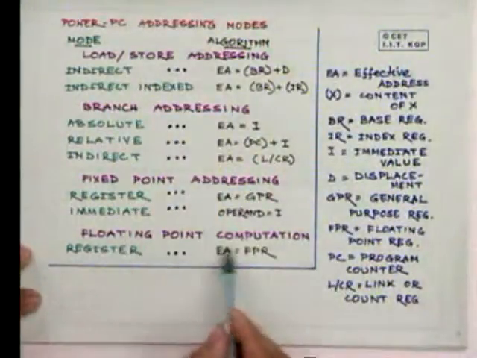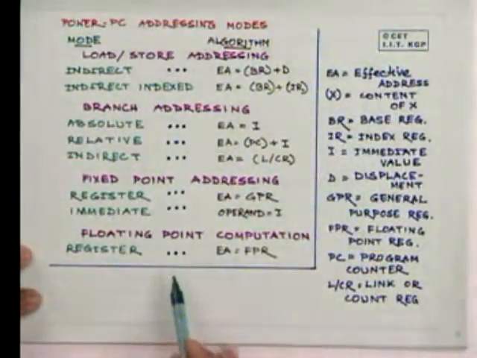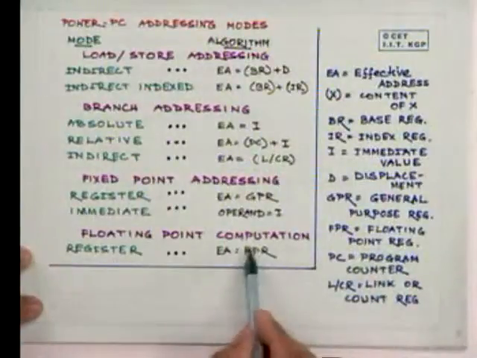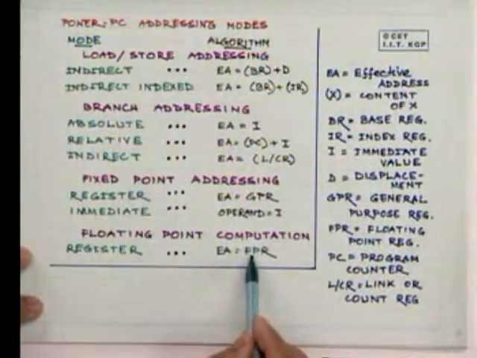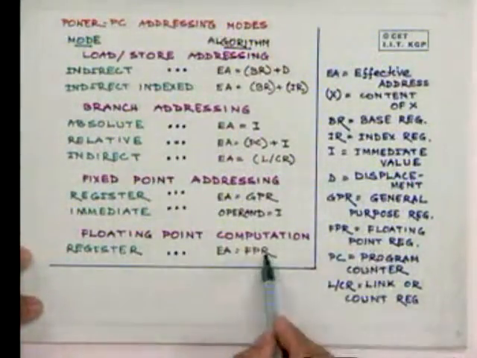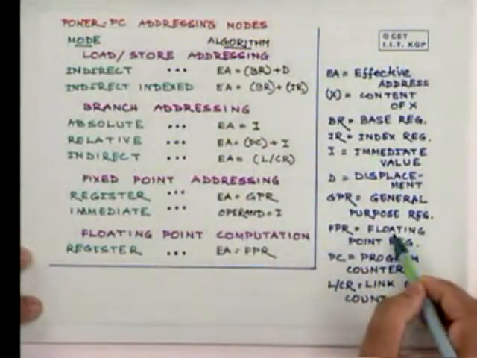Similarly, for the floating point computation, we have the floating point register, which is the effective address. That means the operand is in the floating point register itself.